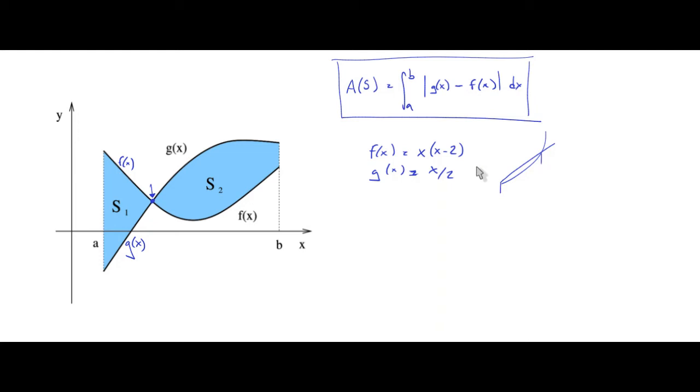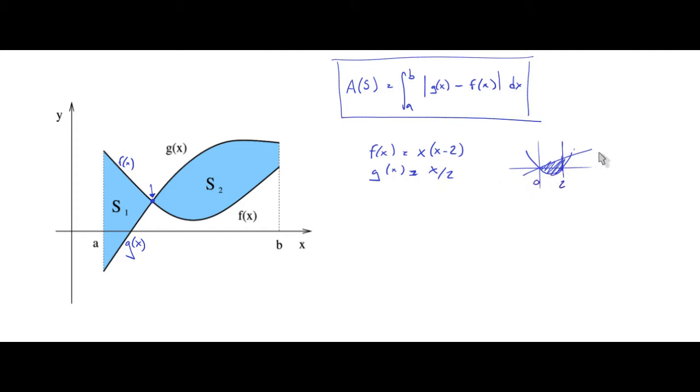This parabola is a positive parabola, but between 0 and 2 it is negative, and x over 2 is something like this. This is 2, this is 0. This is the area that we want.